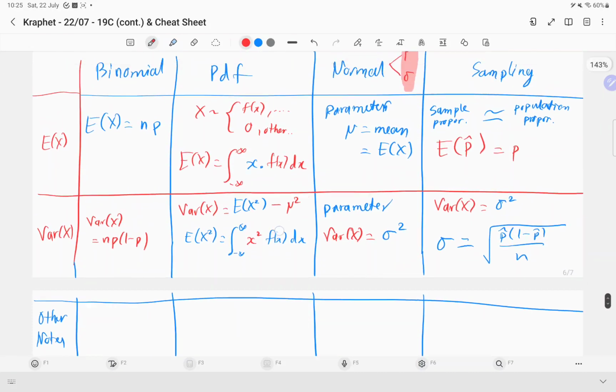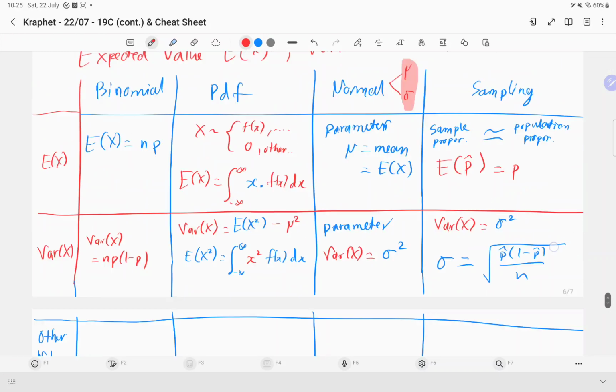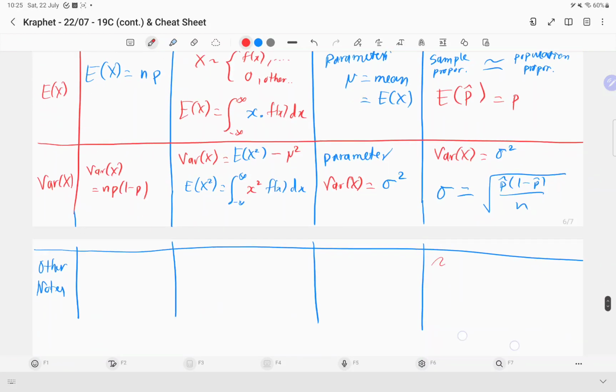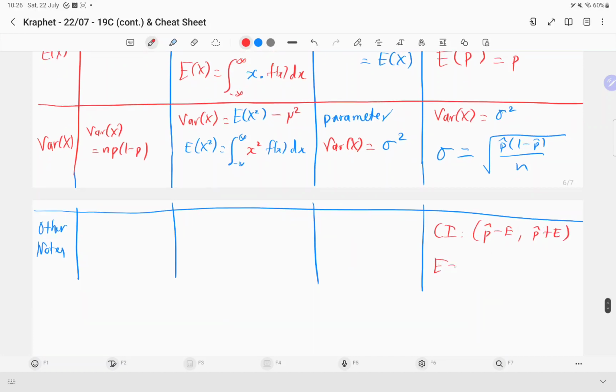But anyway, for the binomial distribution, actually I'll go to the one I remember first. So in the sampling one, the margin of error, okay, so the confidence interval would always be p hat minus the margin of error and p hat plus the margin of error. Where the margin of error is your z times the standard deviation, somewhat. You can think of it that way. And the standard deviation is the same thing here.